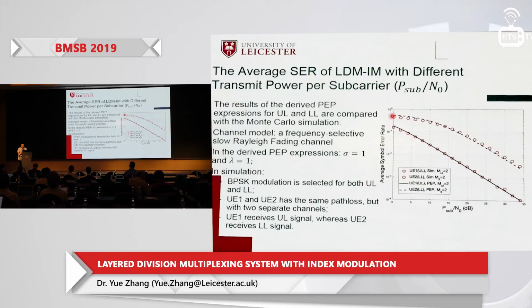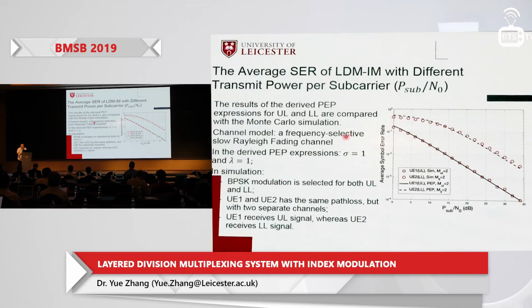This is very close to our theoretical result curve, and this curve is purely based on our closed form expression. That means our theoretical result is a perfect estimate of the simulation results.